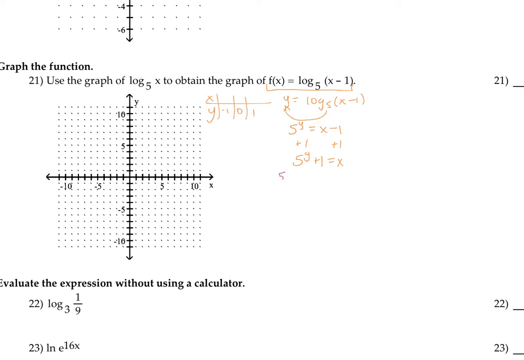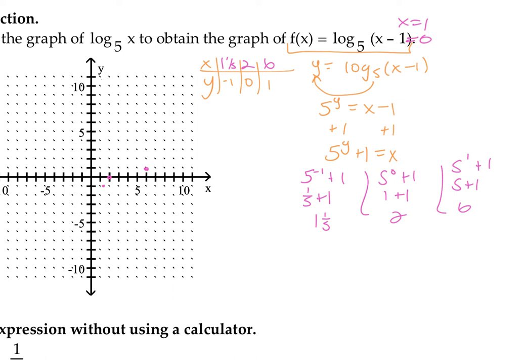So I'd get 5 to the negative 1 plus 1, 5 to the 0 plus 1, and 5 to the first plus 1. 1/5 plus 1 is 1 and 1/5. 1 plus 1 is 2, and 5 plus 1 is 6. And the vertical asymptote this time is at x equals 1. I know that because of the horizontal shift. So this gets my line and my graph.